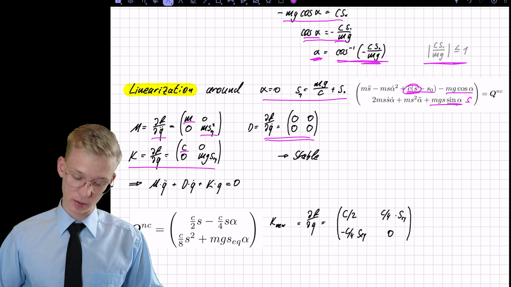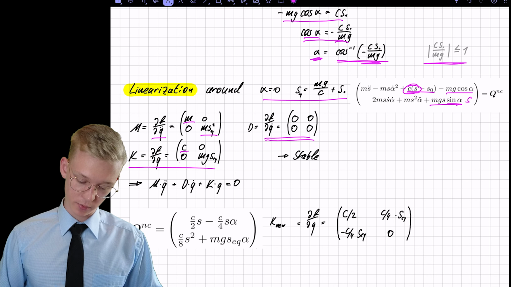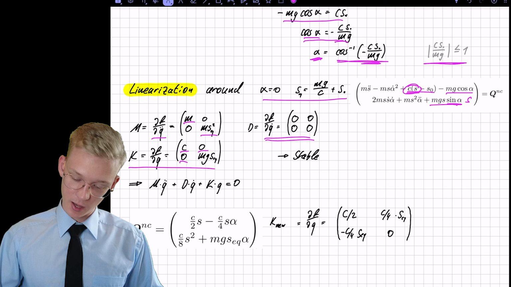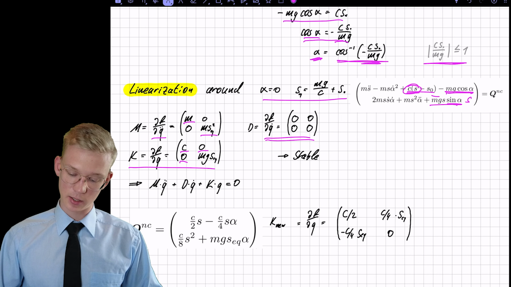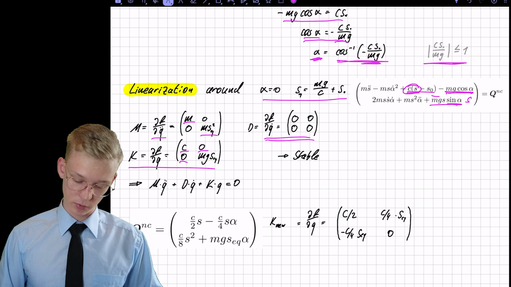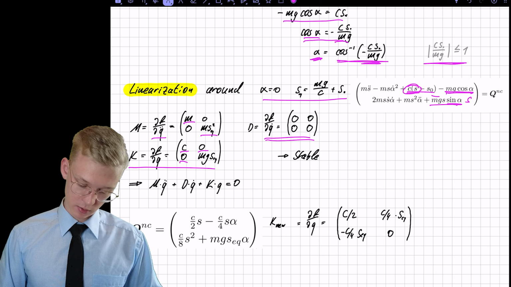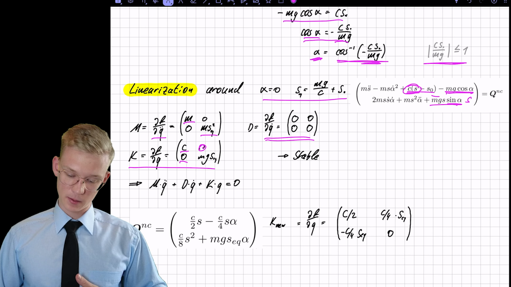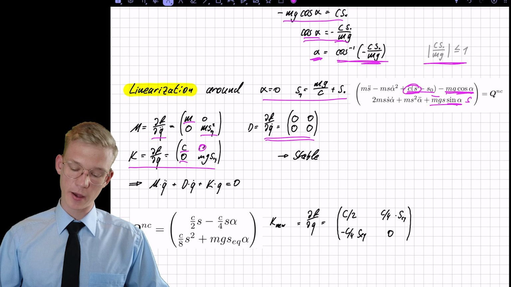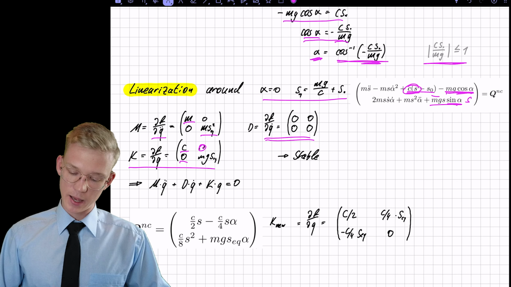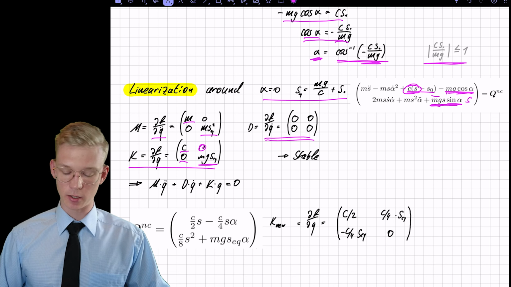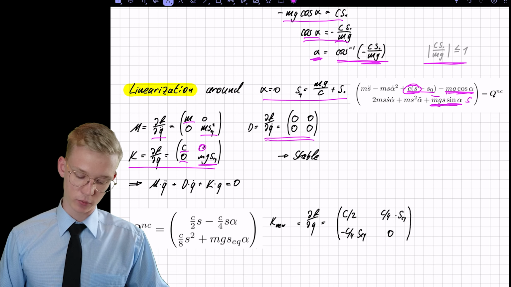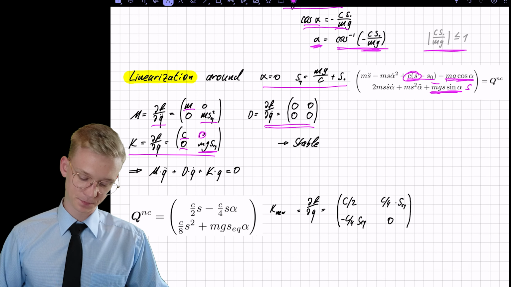The alpha will be 0, so this will be 0. Then we have an alpha right there. Cosine of 0 is 1, so we have mg. Oh, sorry, this is a 0, because if we derive it once, we have a sine, and a sine of 0 is 0. And here we have a sine that will become a cosine, and the cosine of 0 is 1, so we're left with mg S equilibrium.